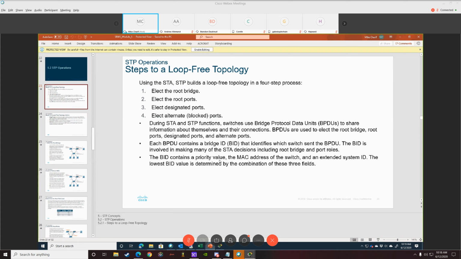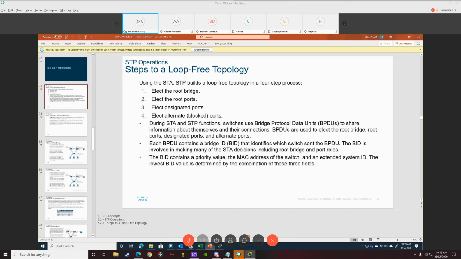But that's not recommended. You always need to what? Configure it. So if you have a switch in mind that you want to make the root bridge, then you need to go and change the priority value. And the priority value is a multiple of 4096.